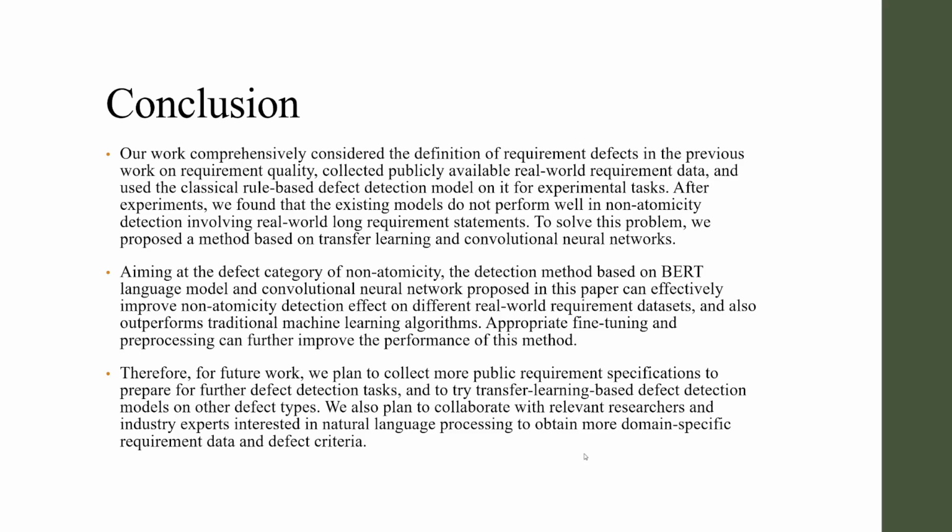To solve this problem, we proposed a method based on transfer learning and convolutional neural networks, aiming at the defect category of non-atomicity. The detection model based on the BERT natural language model and convolutional neural network proposed in this paper can effectively improve non-atomicity detection on the real-world dataset and also outperform traditional machine learning algorithms. Appropriate fine-tuning and pre-processing can further improve the performance.